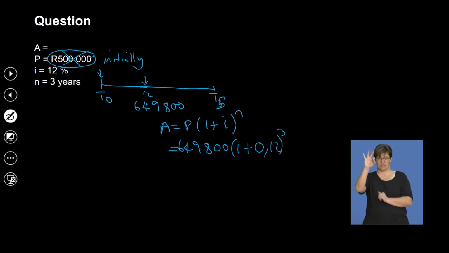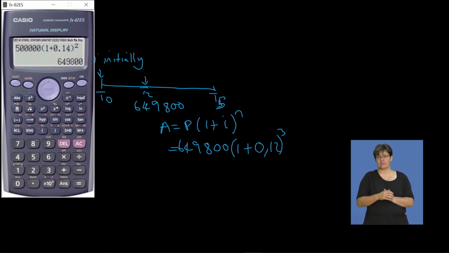After we calculate this, this will tell us how much Nceba will have at the end of his investment with the share market. So I will just say answer, open bracket, 1 plus 0.12 to the exponent of 3. And this will give me that amount. So it will be 912,922 rands.